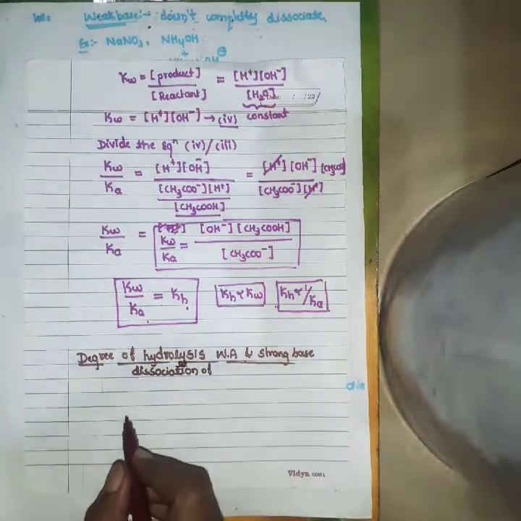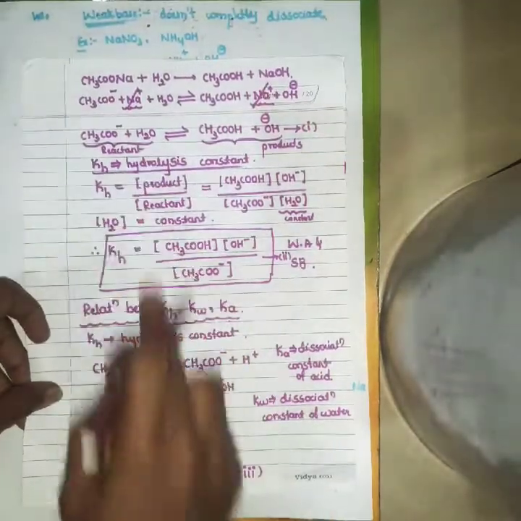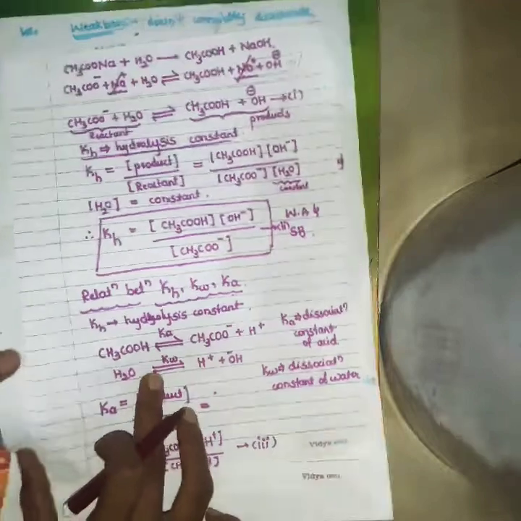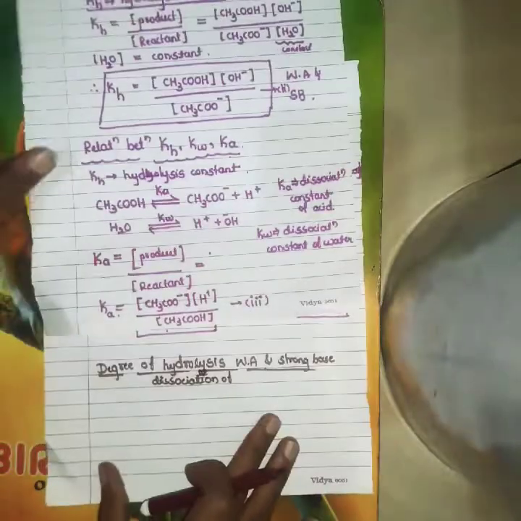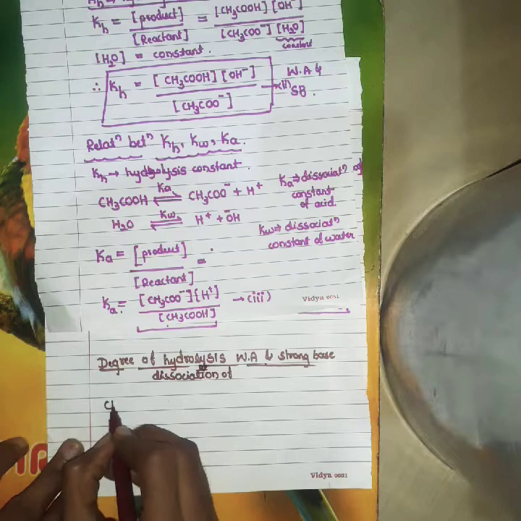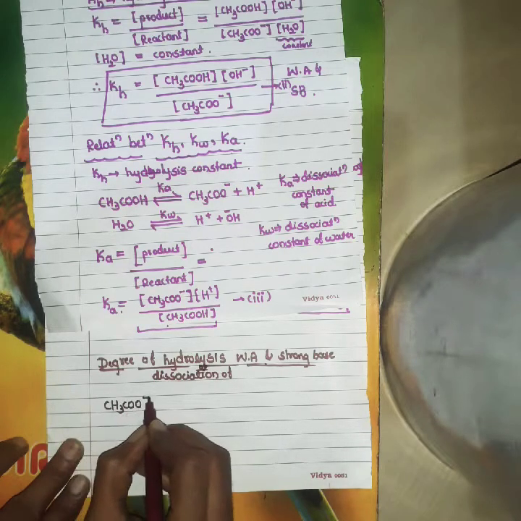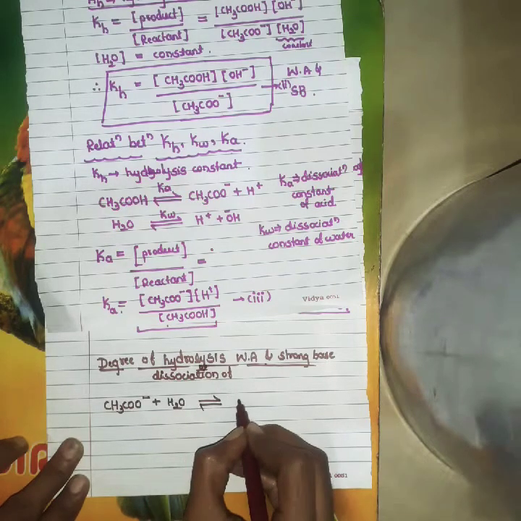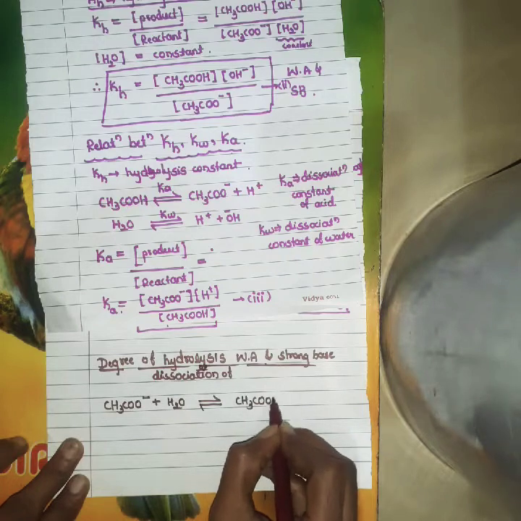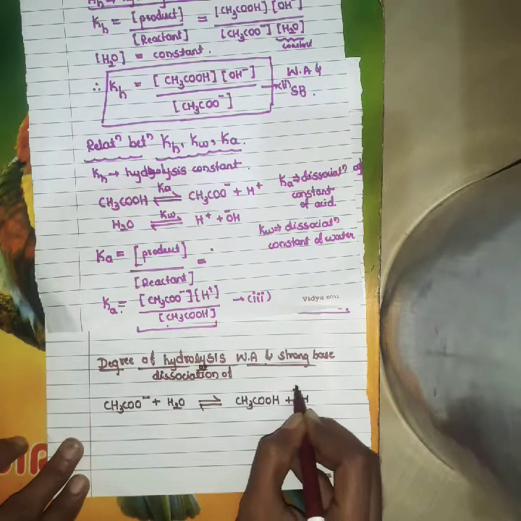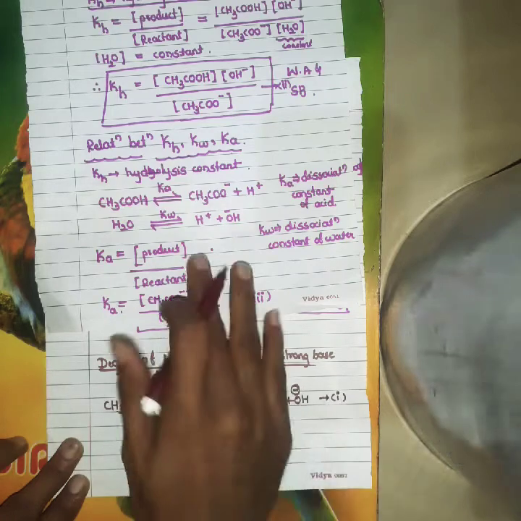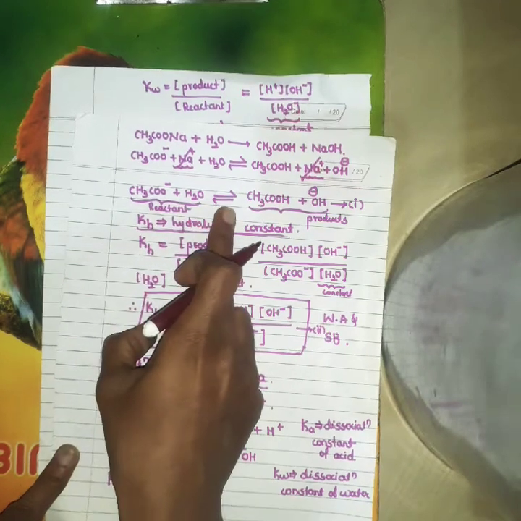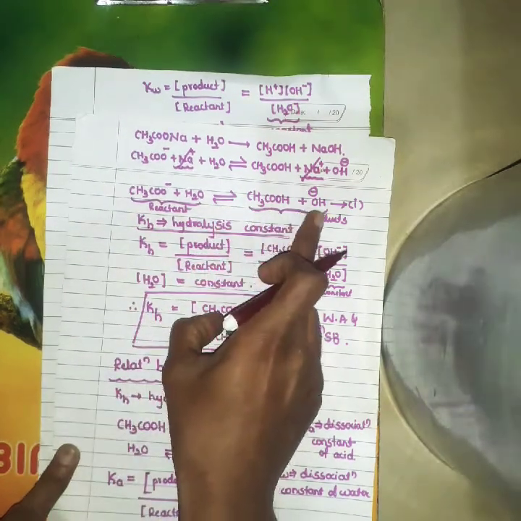Consider the first equation: CH3COO minus plus H2O, which is in equilibrium with CH3COOH plus OH minus.